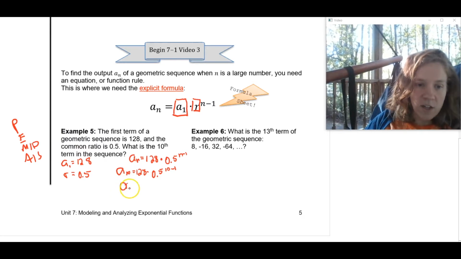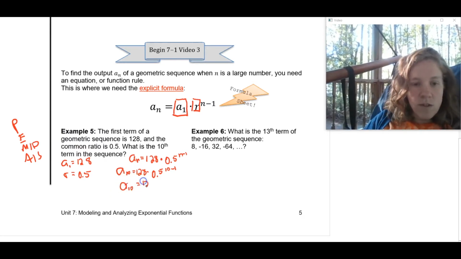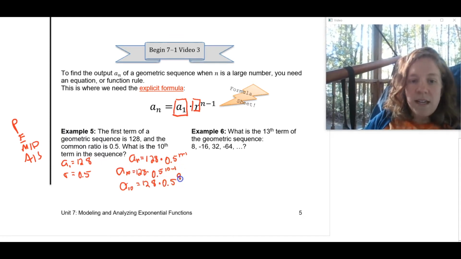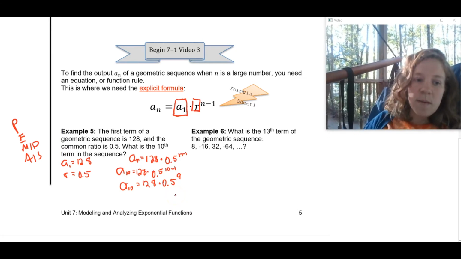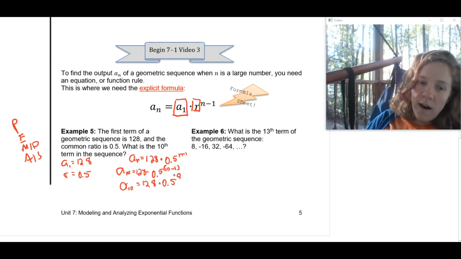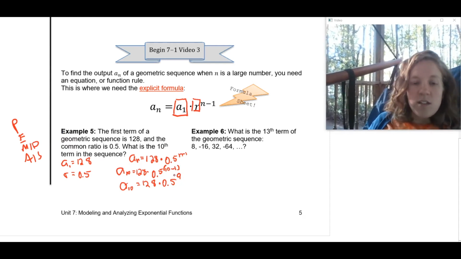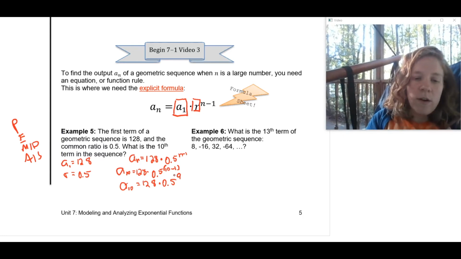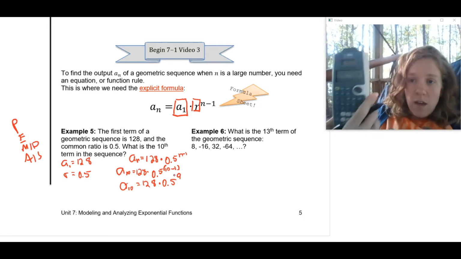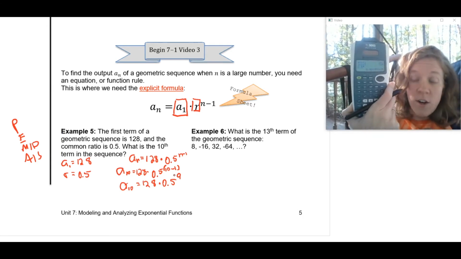So here's what it's going to look like. a sub 10 equals 128 times 0.5 raised to the 10 minus 1, which is 9. I need to do my exponents first, which means I've got to take care of that subtraction before I take care of the exponents. So then 1/2 to the 9th power, I'm going to put that in the calculator, and I get a crazy decimal.